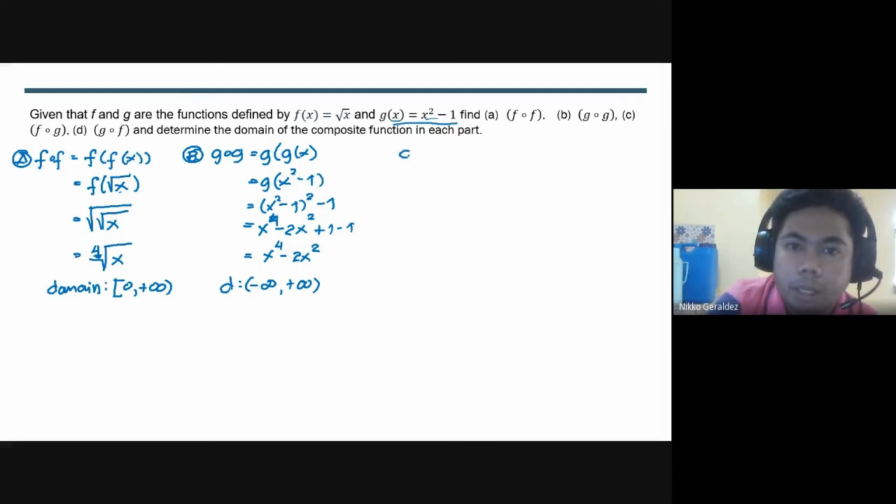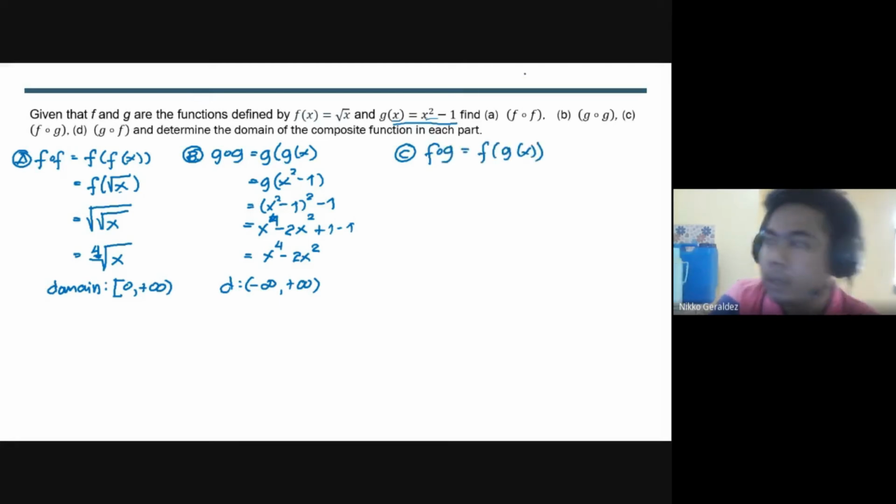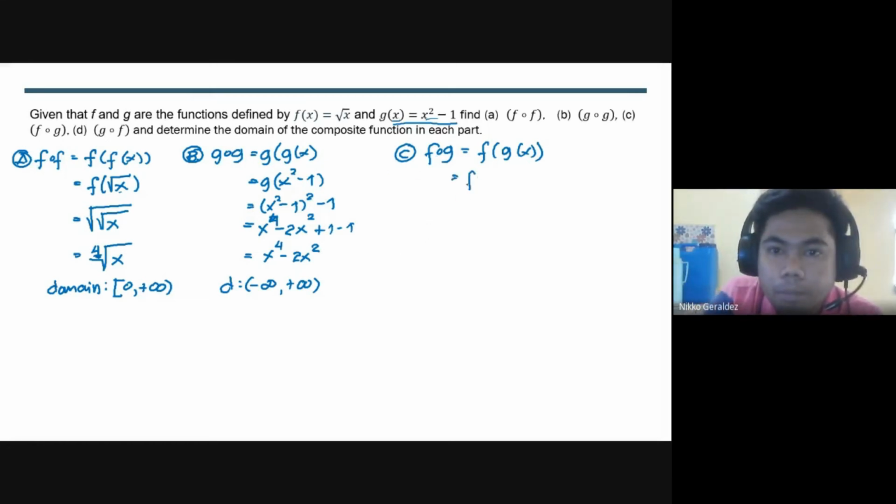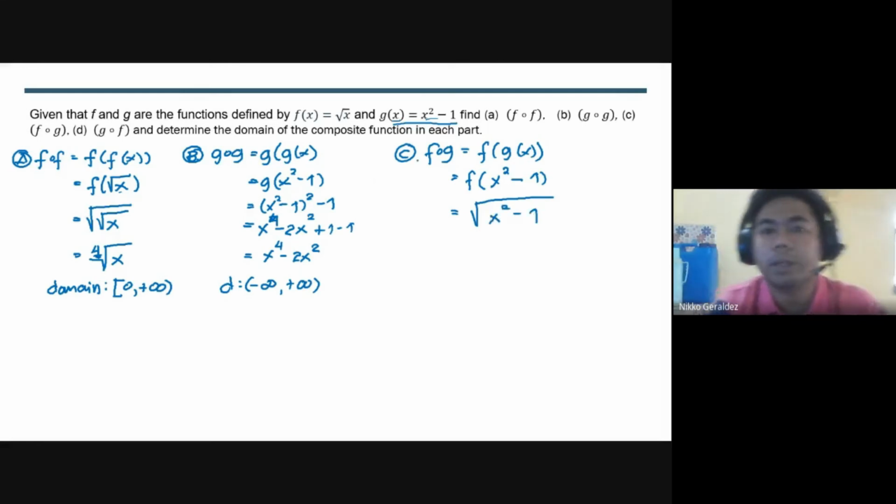Letter C, f composed of g, or f of g of x. So that is f of x squared minus 1, or we have the square root of x squared minus 1.